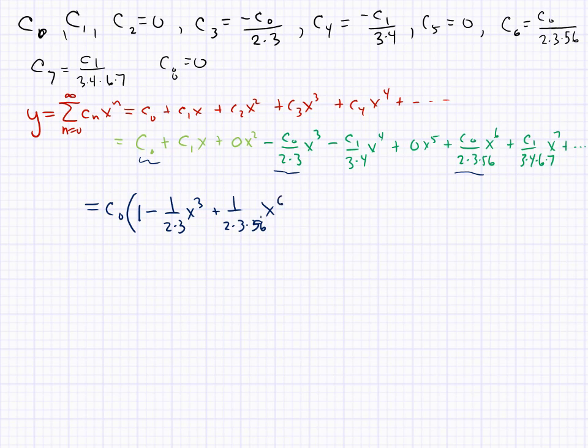The next one will be minus 1 over 2 times 3 times 5 times 6 times 8 times 9, and this should probably be x to the ninth, etc. You can see a pattern developing there, right?